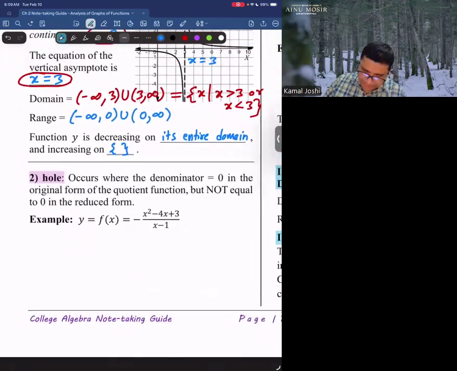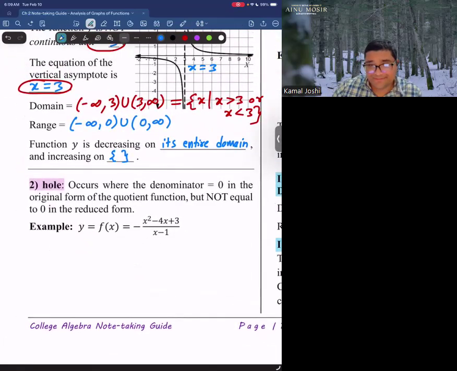Next, a hole. That is, there's no vertical asymptote, but there is just a gap, just a break. So that is represented by a hole. It's like something is missing. You are continuously going, there's a hole, there's one point which is missing, and then you are again beginning from the right after that.